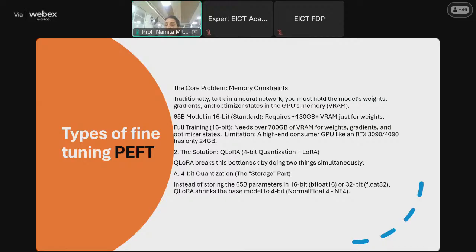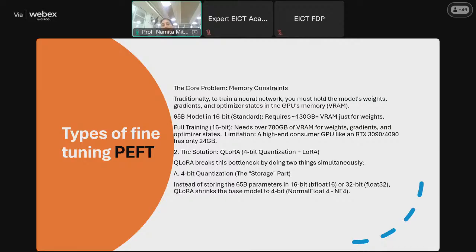The limitation is that high-end consumer GPUs like the RTX 3090 and 4090 have only 24 GB, and we need 780 GB. So it is difficult to manage. So what is the solution?